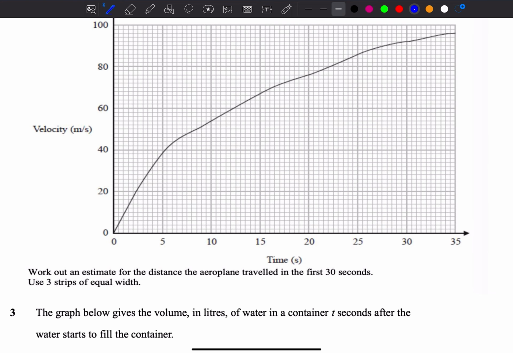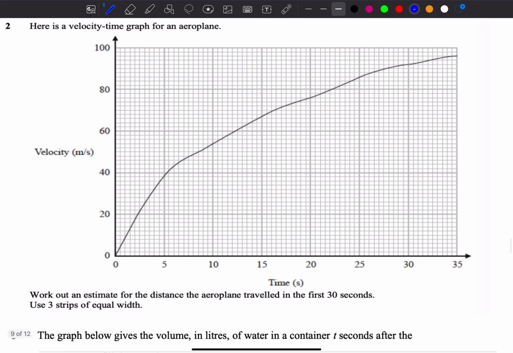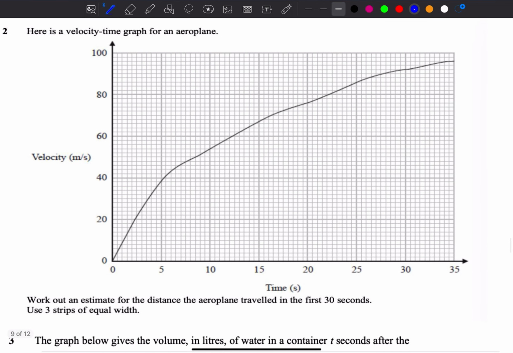The next one. Work out an estimate for the distance traveled in the first 30 seconds using 3 strips. 30 seconds, 3 strips, so 30 divided by 3. So we'll go here. Okay, so that number is 54, 80, 76.